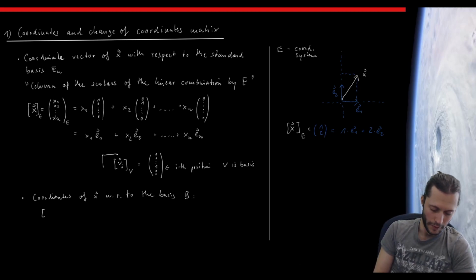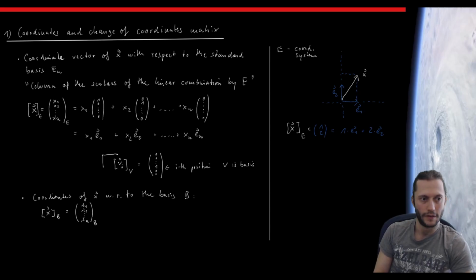Well, then you would probably, in analogy to the lines above, write x index b, so the coordinates of x with respect to the basis b. Then you would have some sort of coordinates here. Let me call them lambda. And you might want to note that you're talking about b.